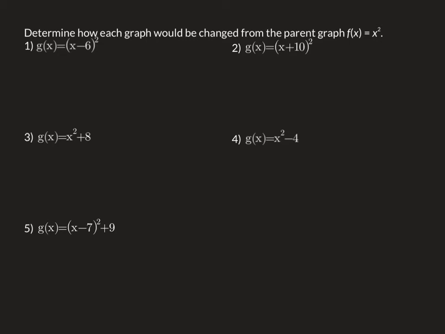And remember, we always do the opposite of what it suggests. So since it's a minus 6, we actually slide this right 6 units. Our basic parabola is just going to be slid to the right by 6 units.